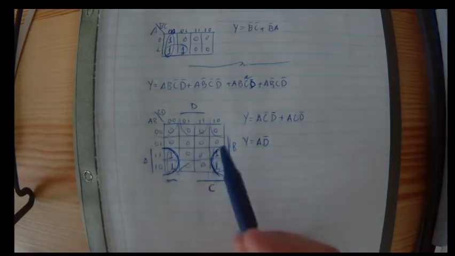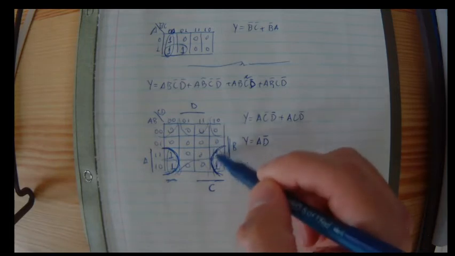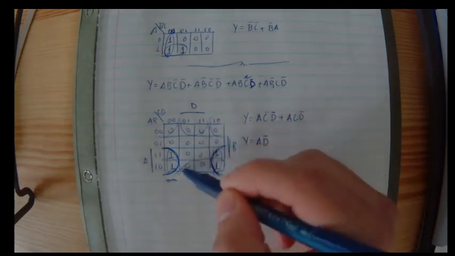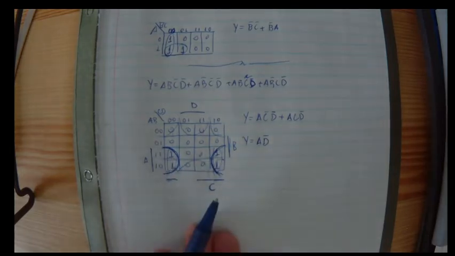Sometimes it's easier to see in this way. So this is D, and this is complement of D. This is C, and these 2 columns are complement of C.